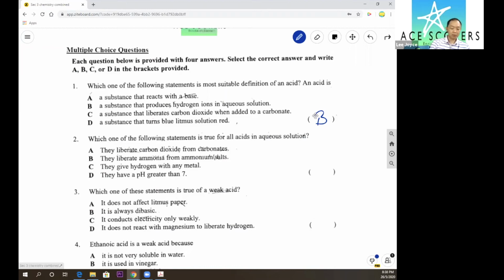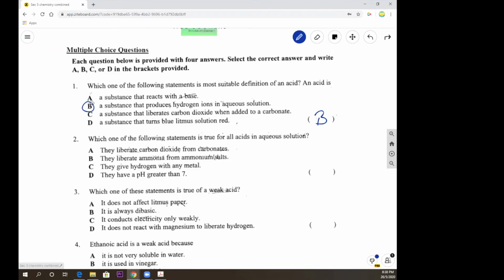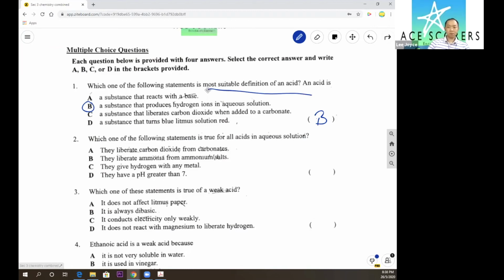Remember hydrogen? Most suitable, because the rest are characteristics. Remember, the first thing I talked about is hydrogen and hydroxide. Next one, how about 2? Which one is true for all acids in aqueous solution?